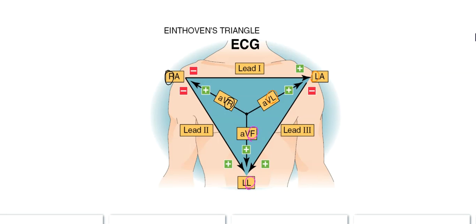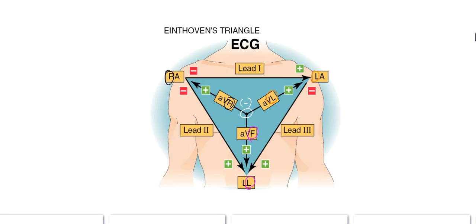The negative takes the average from the right arm and the left arm. It defines it as the electronegative center of the heart, by averaging the other two limb leads. Effectively, what you have is the negative.